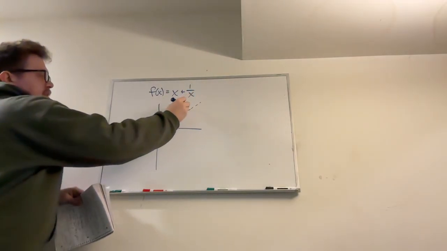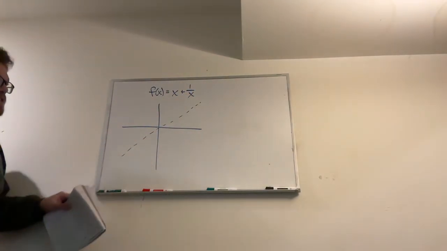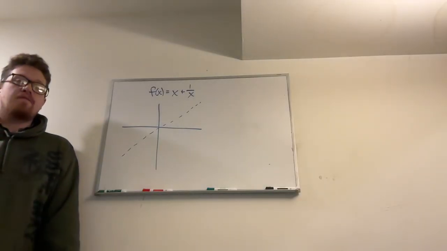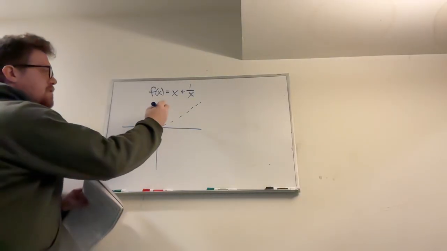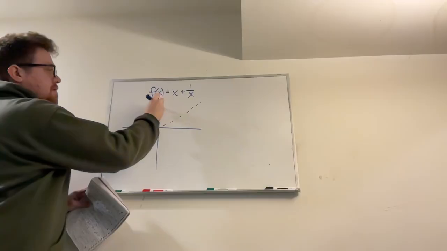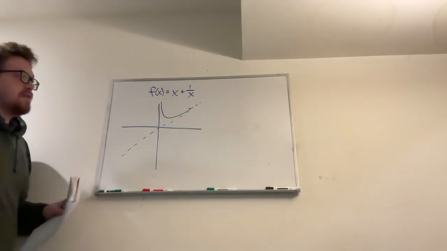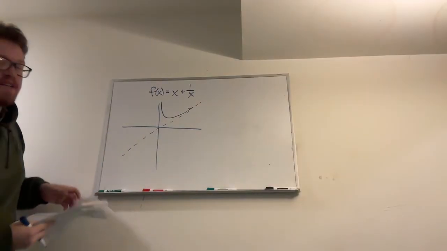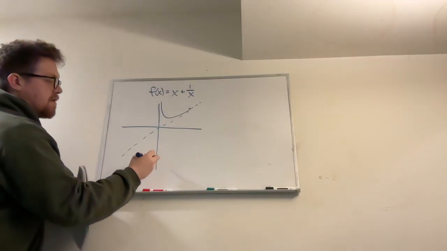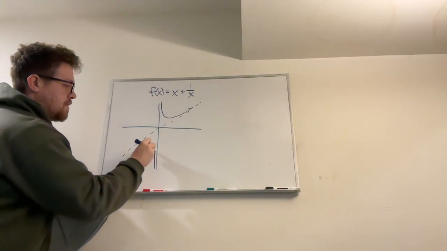And I'm just going to put a dashed line here. This is actually an asymptote of the function. It's not part of the function. It just makes drawing it easier. So it will look something like this, where this line is getting closer and closer to the dashed line. And the bottom part is basically just a reflection of this.